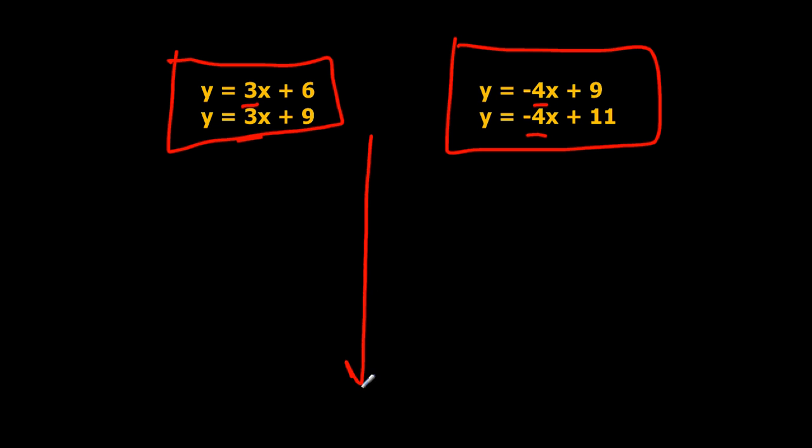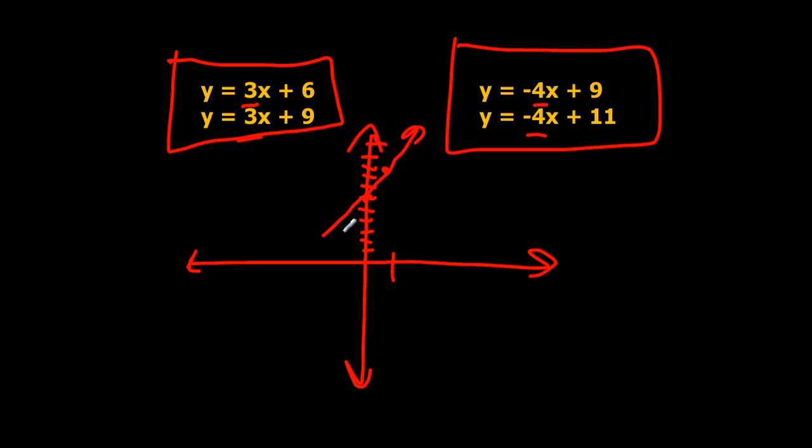So if I think about what it means when a line has the same slope, I can go to my y-intercept here of 6. And then I have a rise 3, run 1, slope of 3. Okay, so here's the equation of that line if I just roughly sketch it.